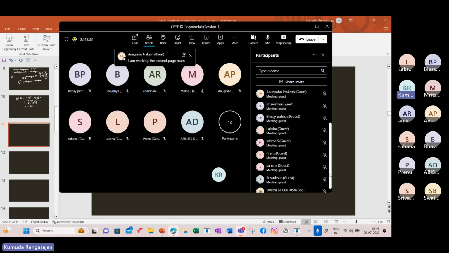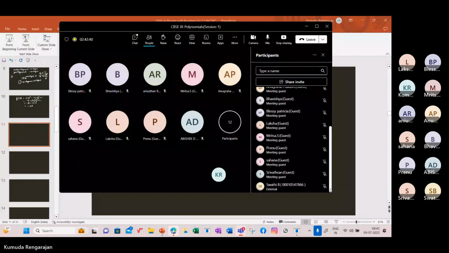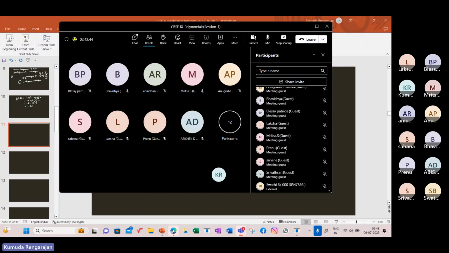All right. Laksha, Mritsa? Ma'am, second image. Finished, ma'am. Okay. Prenu? Ma'am, second image. All right. Sahana? Ma'am, second image. All right. Srivatsan? Second image. All right. Swati?